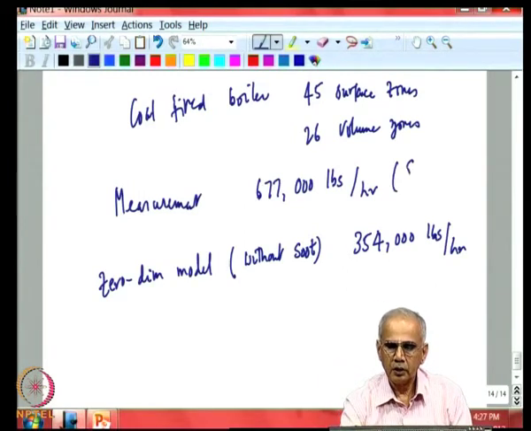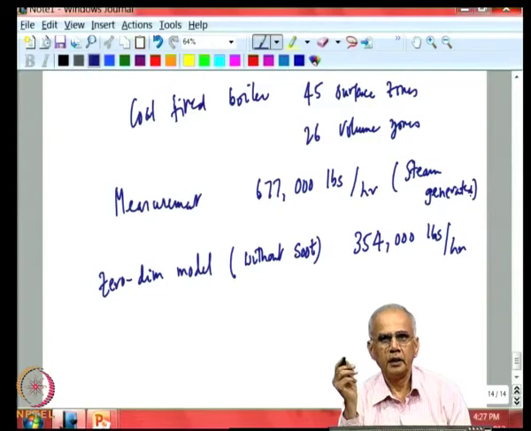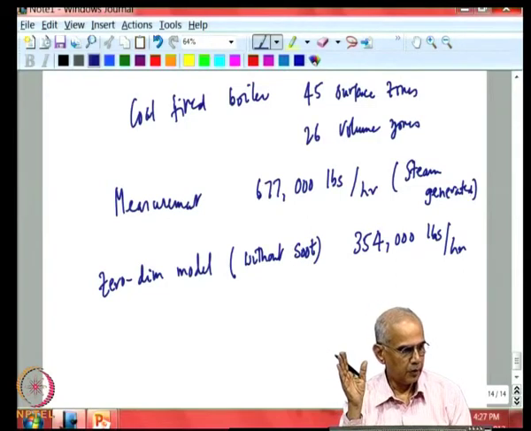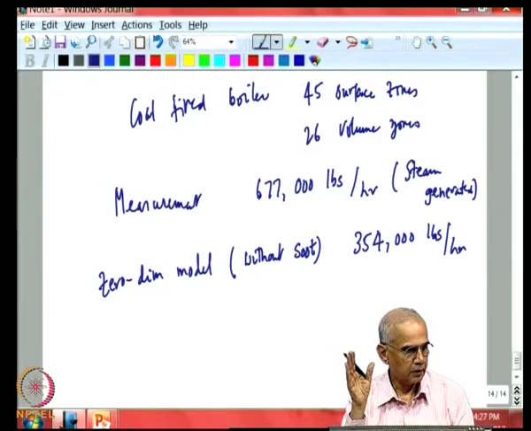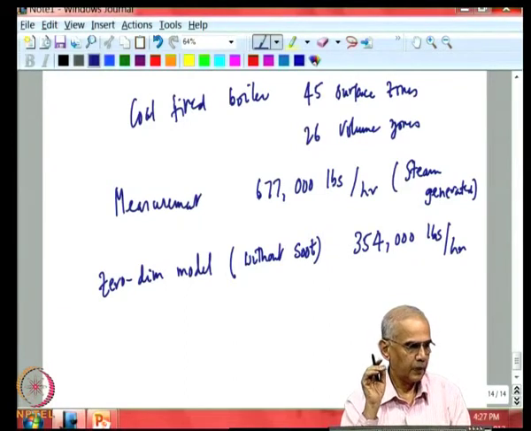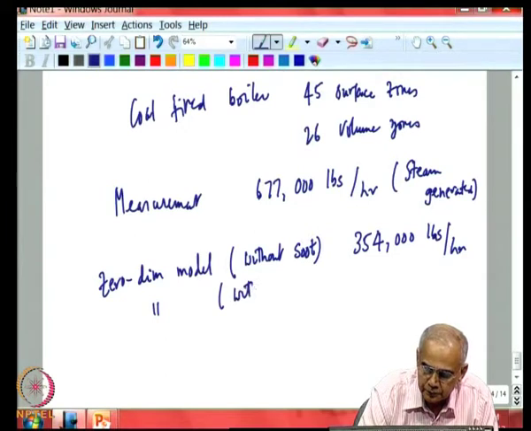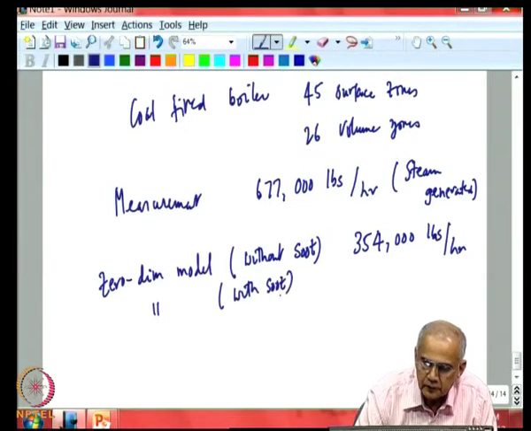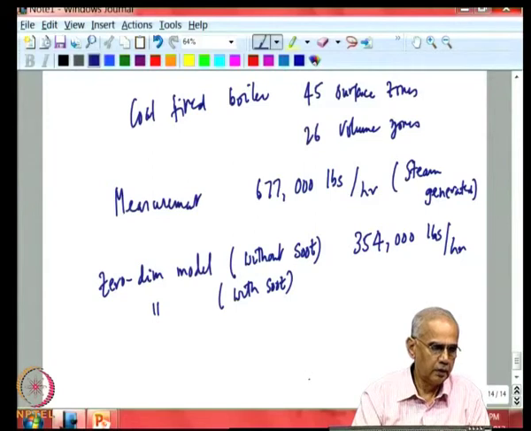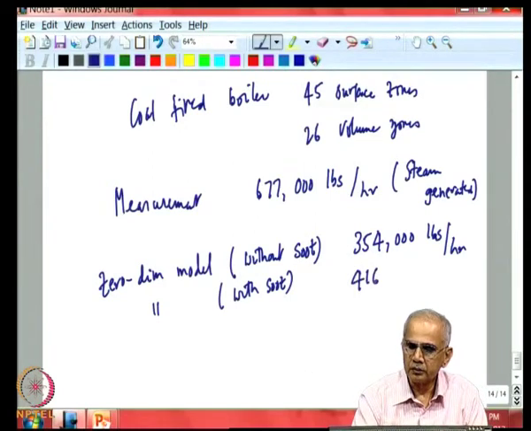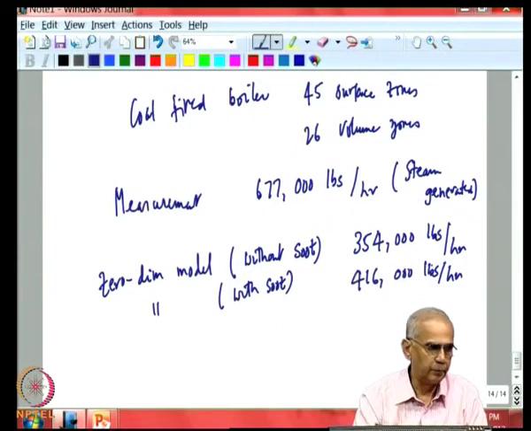So, you may think that 0 dimension model is useless, because it is giving completely wrong answer. But if you take the same 0 dimension model and include soot and increase the emissivity of the gas, this number goes up slightly, but not much. Still, it is way beyond this number.